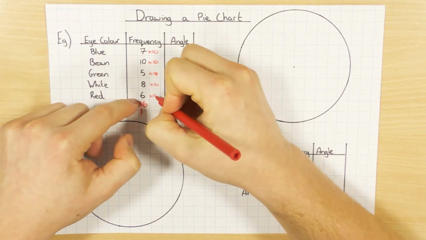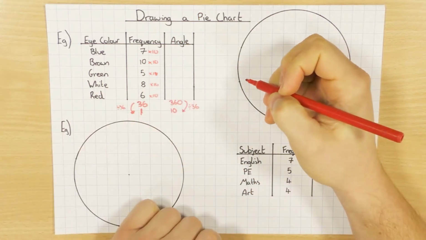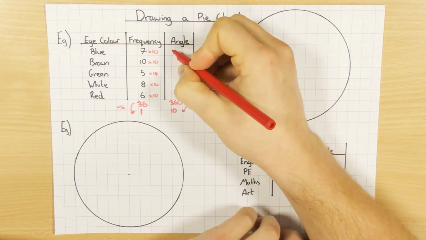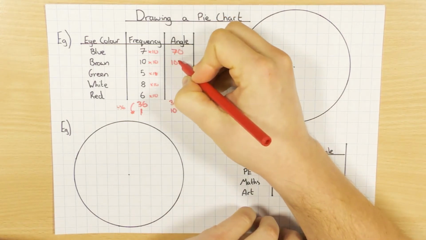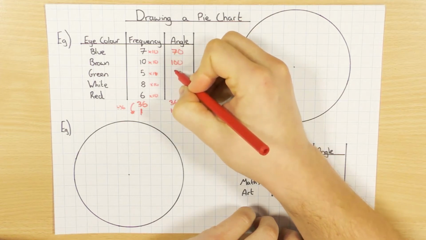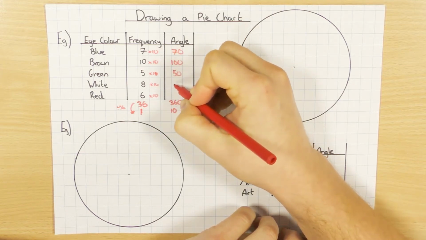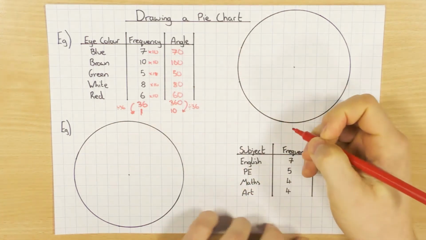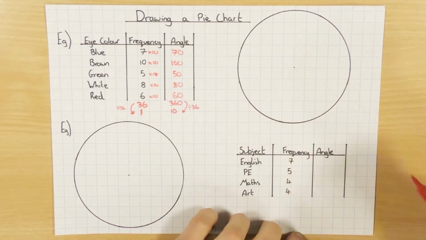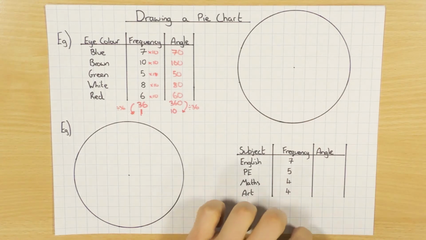Times by 10, times by 10, because one person equals 10 degrees. So you can work out all the angles. So for blue it'll be 70 degrees, brown 100 degrees, green 50, white would be 80, and then red would be 60 degrees.